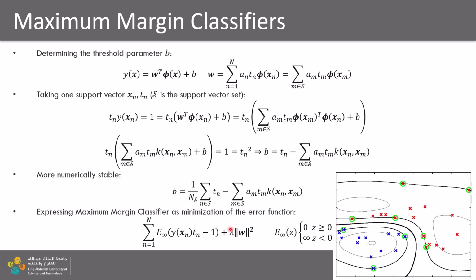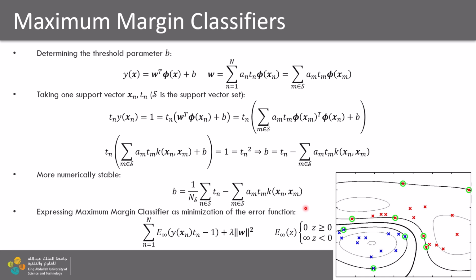And then we have the second term here, which is represented with this regularizer lambda, where we can see that we are attempting to minimize the weight vector. So that could be a formulation of how we can formulate the maximum margin classifier as a minimization of an error function.